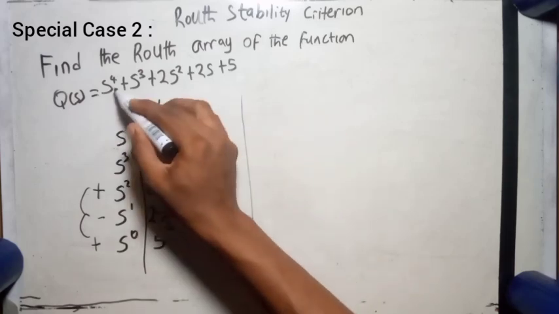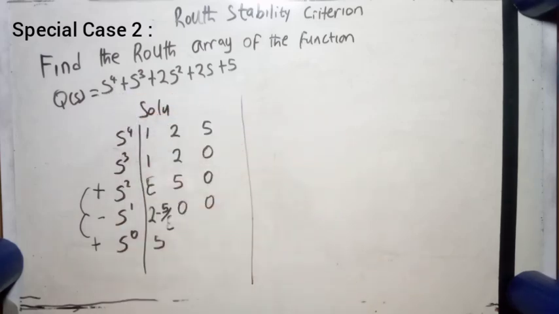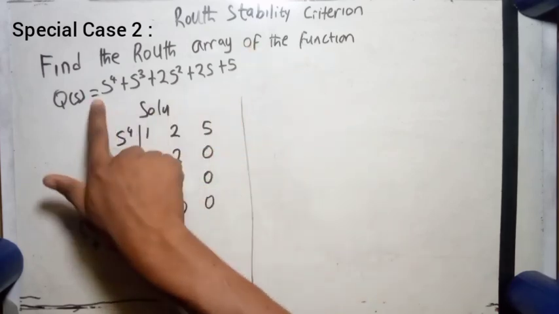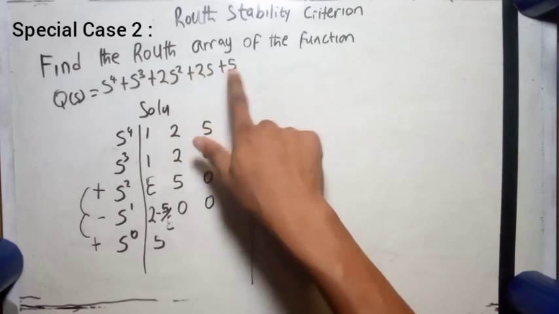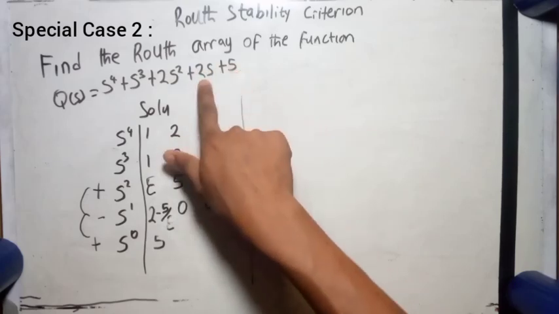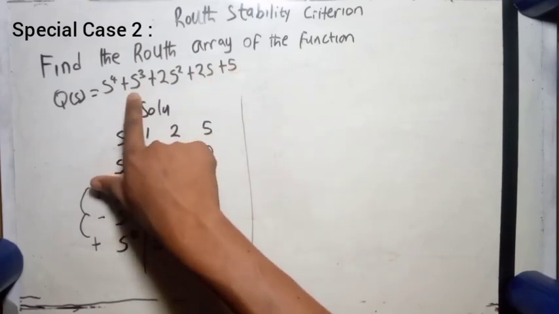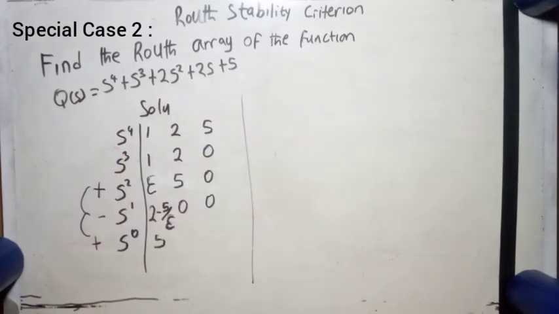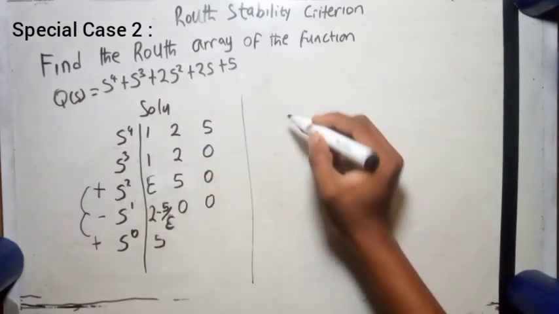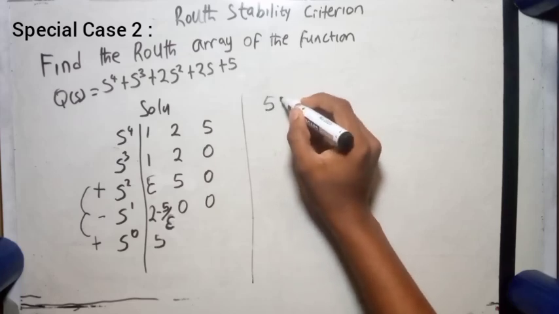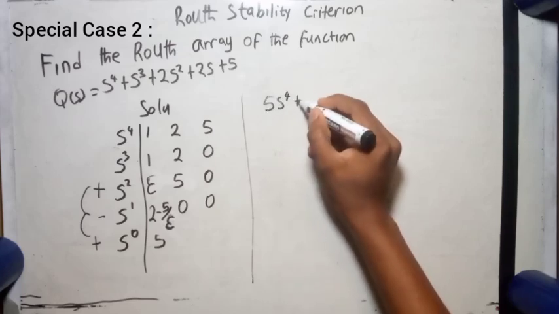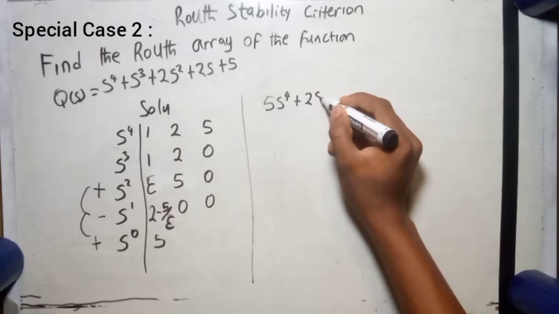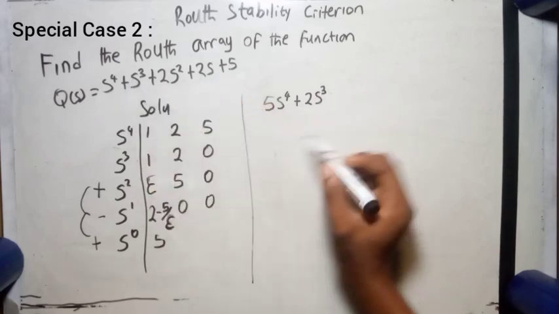will be us exchanging the values of this equation. So you exchange the first coefficient to the last coefficient, and the second to the last coefficient to the second one. Since we're having one particular one in the center, we'll leave this one. So we'll be having 5s raised to the power 4 plus 2s raised to the power 3, exchanging this coefficient with this one.